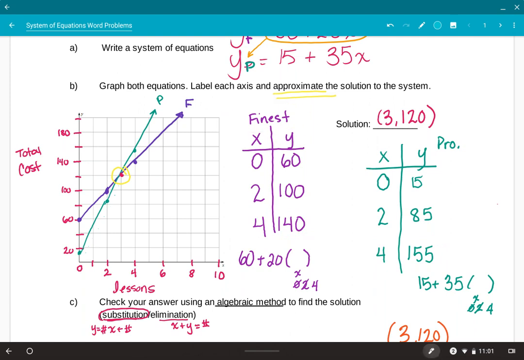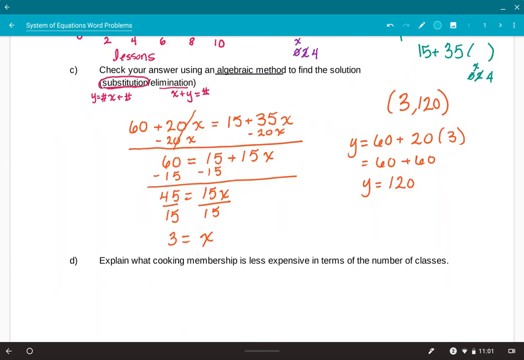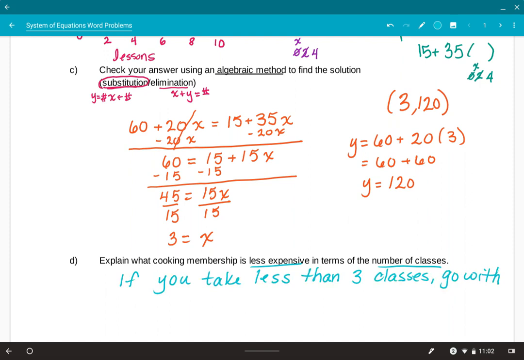And let's go ahead and write that. So which one is less expensive in number of classes? If you take less than 3 classes, go with the professional. And I'm just going to abbreviate it.